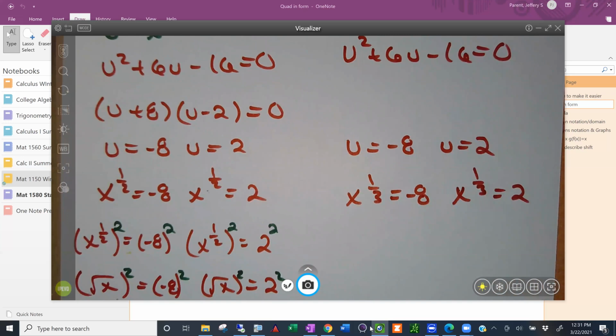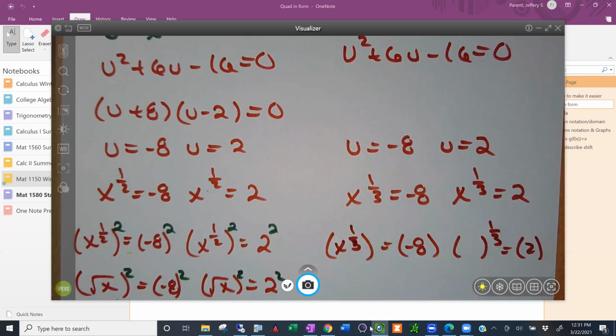Now, how do I solve here? How do I finish solving this? You gotta raise it to the 3rd power? Yeah, nice. Well done. So the reciprocal of 1/3 is 3.